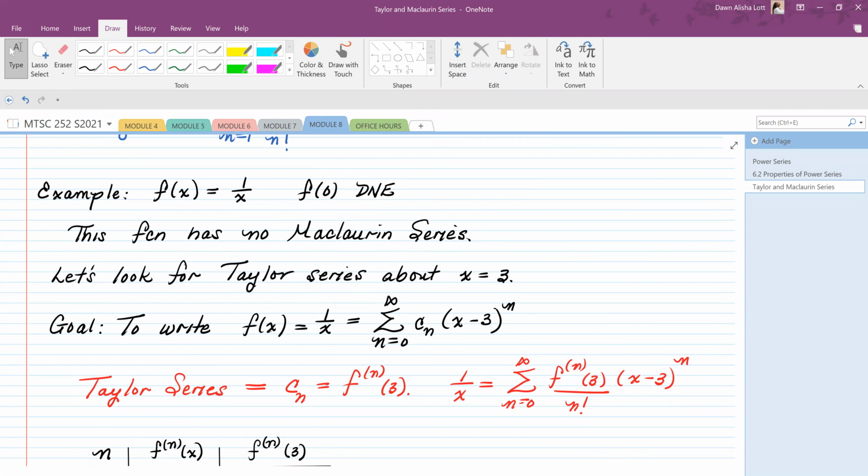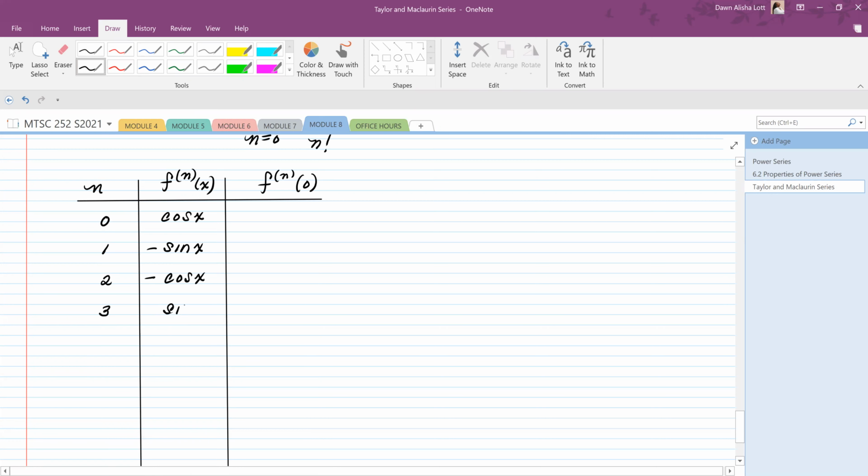Okay, so this one is rather easy when it comes to doing derivatives. So we start off with the cosine of x. Then the first derivative, we get minus sine x. The second, we get minus cosine x. The third, we get sine x. And the fourth, we get cosine x.